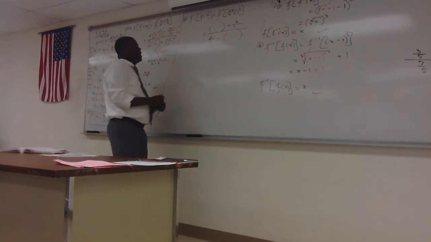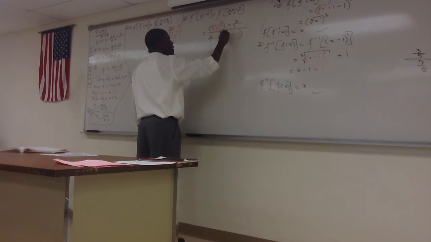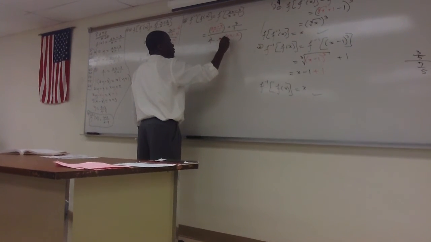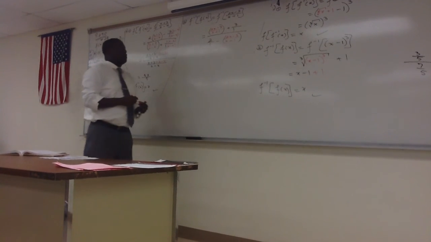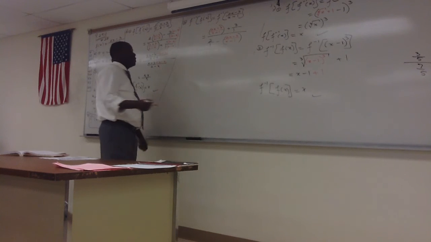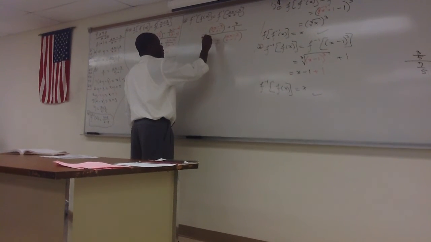Now what we have inside is 2x minus 3 over x plus 1. What is the LCD here? x plus 1. We try to get that for each fraction that is involved.